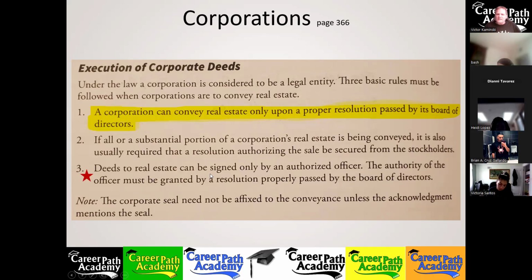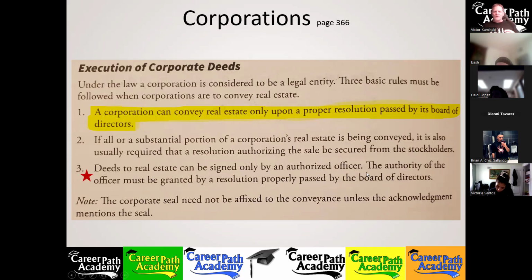Deeds to real estate can be signed only by an authorized officer. So the person who's signing those listing agreements as well would be someone who's authorized by the board of directors to sign documents on behalf of the corporation to list it for sale, to sign the sales contracts and so forth.